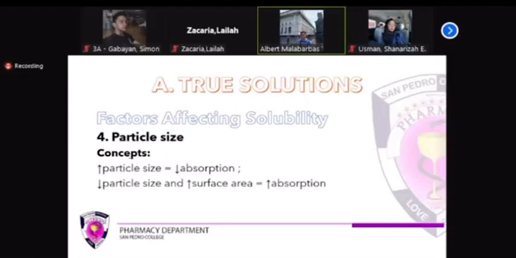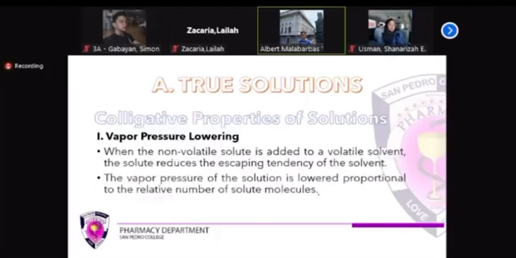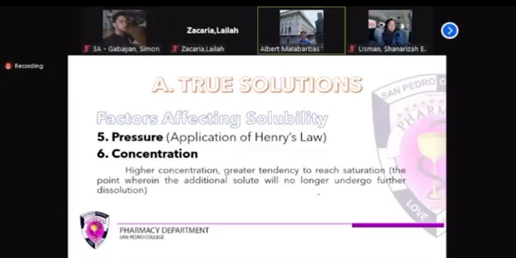By concept, the lesser the particle size, the higher the surface area, the greater the absorption, because it dissolves more easily. So that's it for our factors affecting solubility. Oh, there are more, sorry. Last two, pressure and concentration. But there's no application for you.